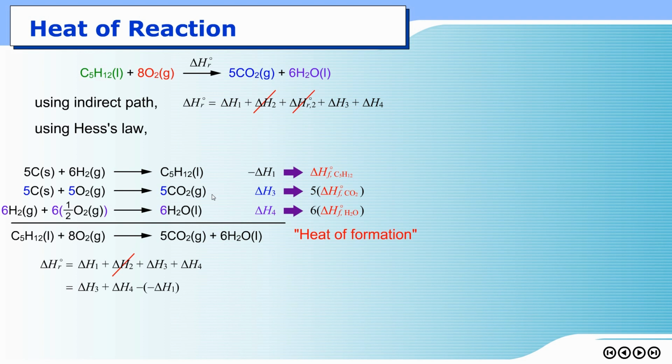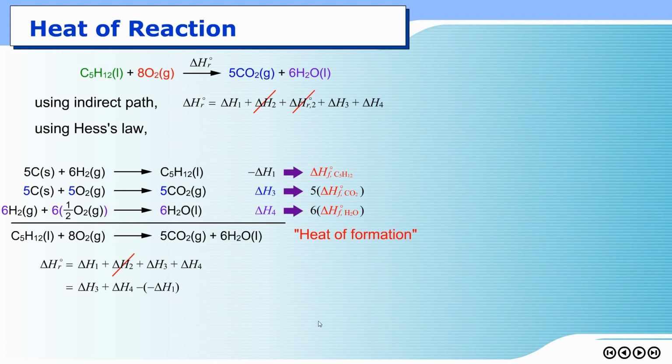Another unique feature of the formation reaction is that the reactants on the left hand side are supposed to be compounds or elements with only one single element. For instance, carbon here is an element, right? It's a single element. Hydrogen here is not an element, it is a compound, but this compound contains only one element. So every reactant on the left hand side of the formation reaction must have a single element.